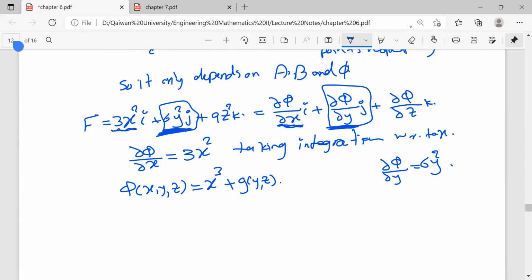And we say partial phi by partial y from this function equals to what? The first term is x cubed. You have no y in it, so it's 0. And in the second term we have a function of y and z. We have y in it. We say the partial derivative of g with respect to y is g sub y. Okay, this equals 6y squared.